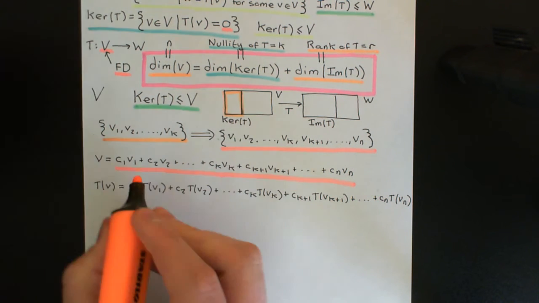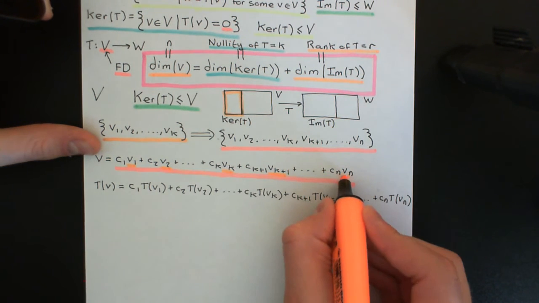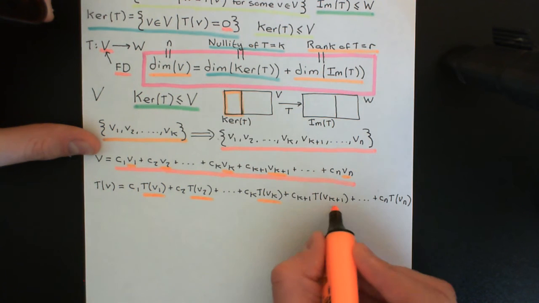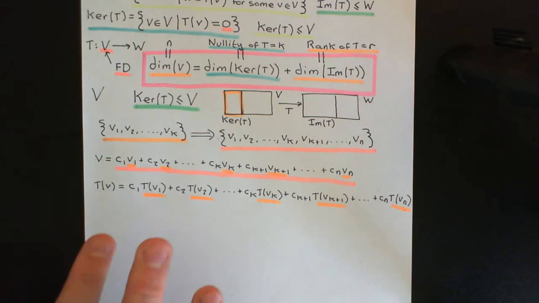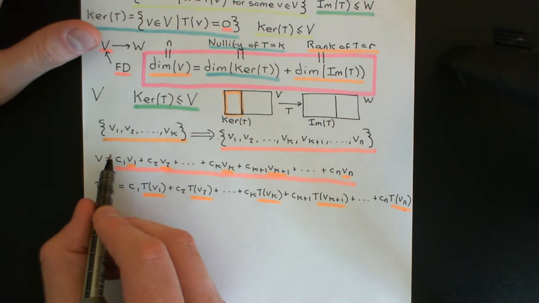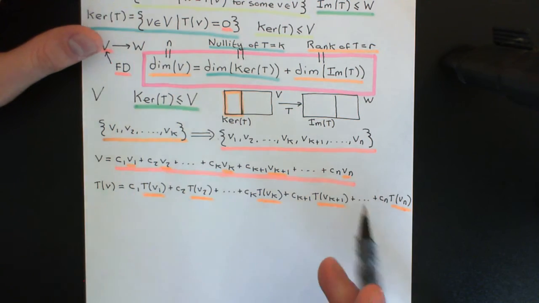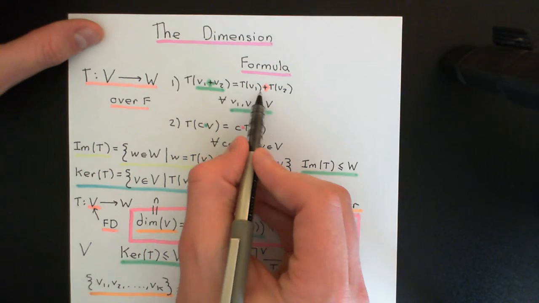So I've just got all of these basis vectors being mapped onto what they are mapped onto in the codomain vector space by the linear transformation T, and the scalar coefficients are unchanged, just sitting in front of those. The reason I can do that is I've taken T of this and applied the properties of a linear transformation. I've applied the addition one.